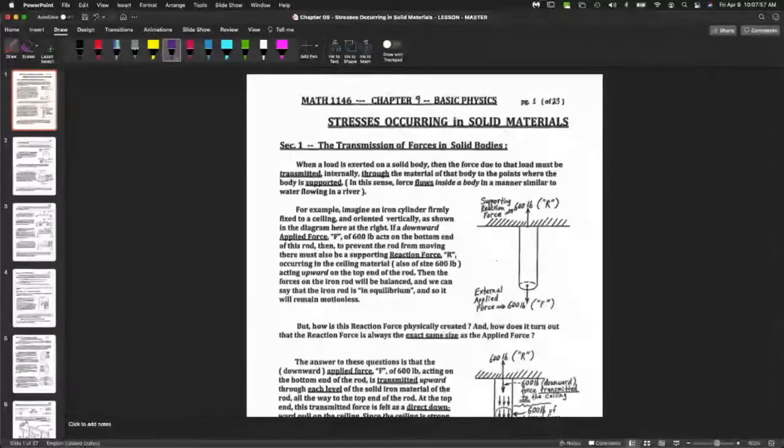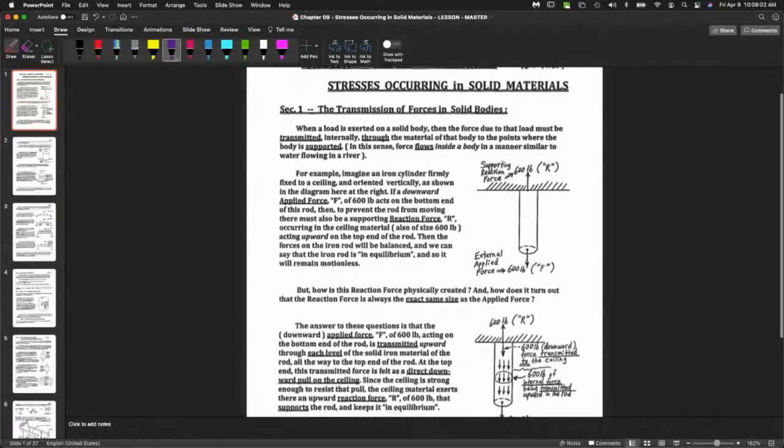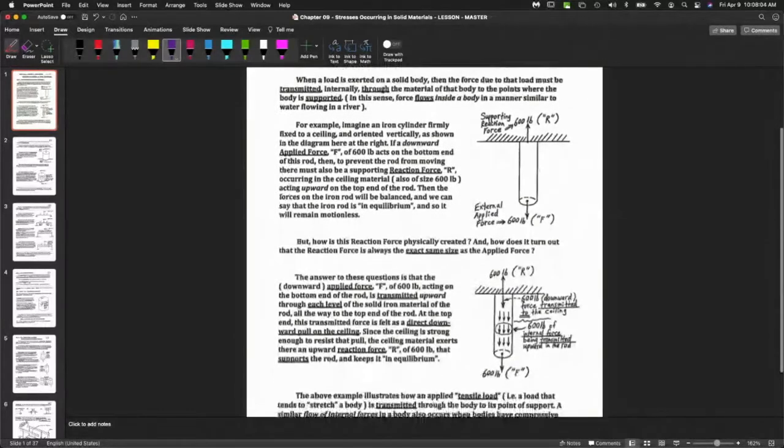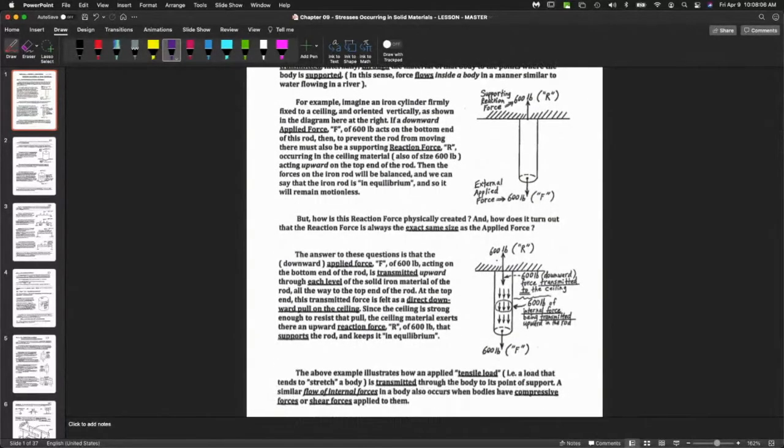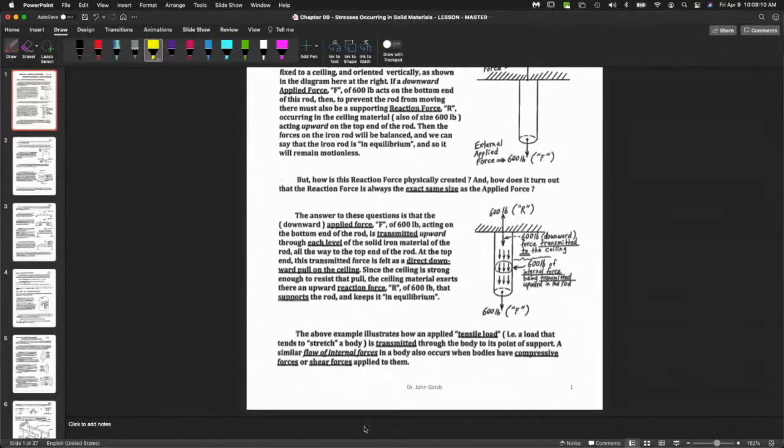The idea is that you can think of it, and again, very well written document, you can see that there are detailed diagrams explaining what's called a flow of internal forces. So this idea of having a flow of internal forces is really kind of a bulk behavior inside the material.